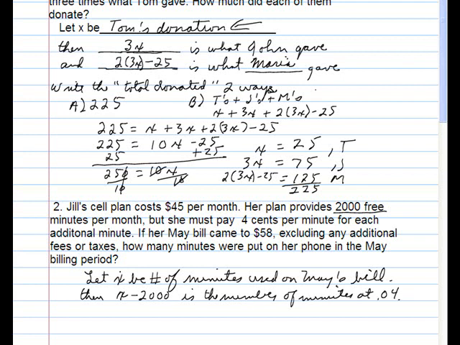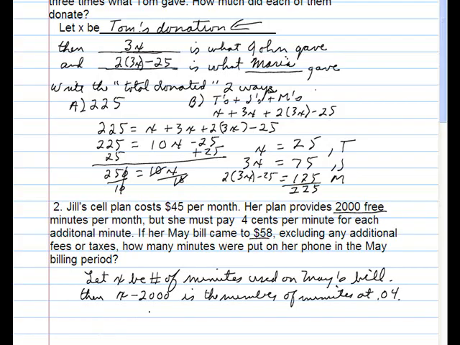For example, if she talked a total of 3,000 minutes, then 3,000 minus 2,000, or 1,000, would be the number of minutes at 4 cents per minute. So we've got to write an equation here, and I'm thinking the equation could be on the total bill 58, which we haven't used yet.